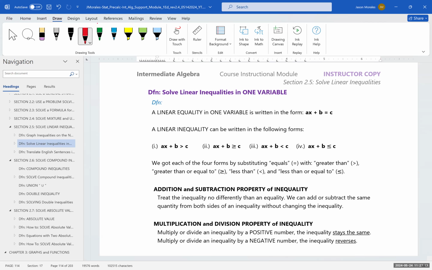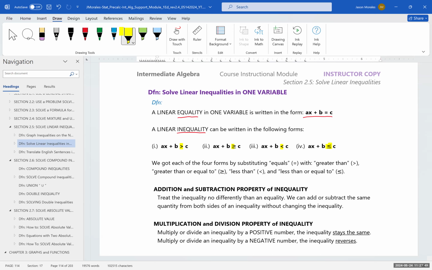A linear inequality in one variable can be written in the following forms: ax plus b greater than c, ax plus b greater than or equal to c, ax plus b less than c, and ax plus b less than or equal to c. It's basically the same form, but instead of an equal sign, we're using an inequality.